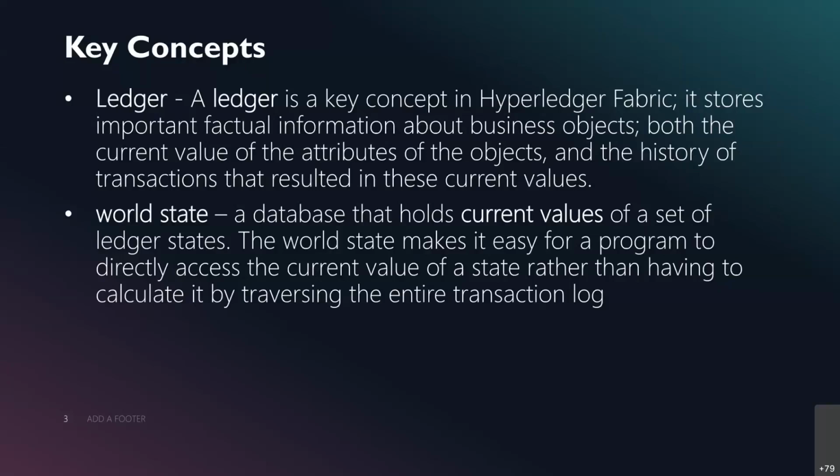Let's see what the world state is. The world state is a database that holds the values of a set of ledger states. The world state makes it easy for a programmer to directly access the current value of the state rather than having to calculate the entire transaction log. Again, if you take the fruit example, or any example for that matter, you know you have half a piece of fruit. You don't have to go to the entire ledger to check it.